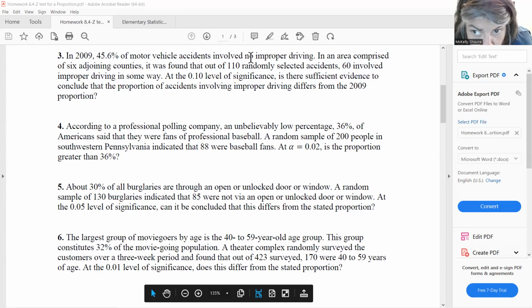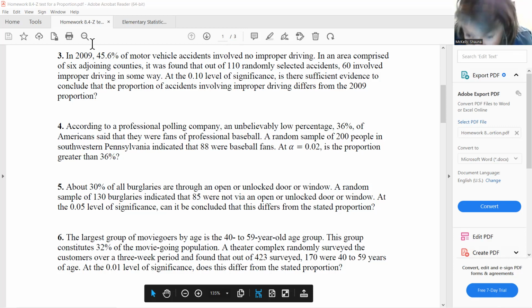The sample data, 60 out of 110, involved improper driving in some way. Now, is there sufficient evidence to conclude that the proportion of accidents involving improper driving differs from the 2009 proportion?